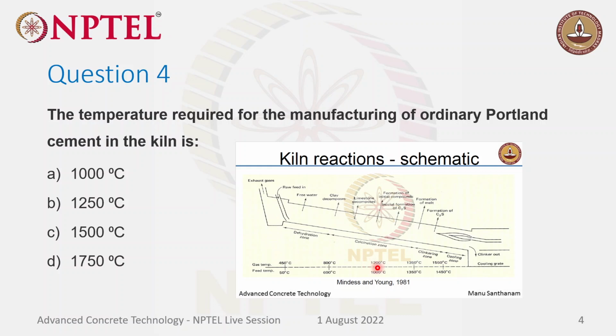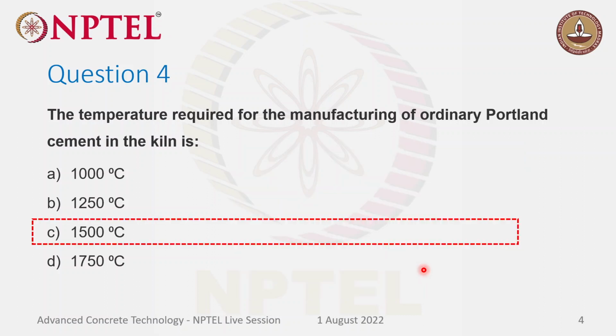At 1200 degrees Celsius, initial formation of C2S will occur, and around 1350 degrees Celsius there will be formation of C3S. The C3A and C4AF phases will be properly formed only during the cooling zone. So what is the maximum temperature? It's nothing but 1500.